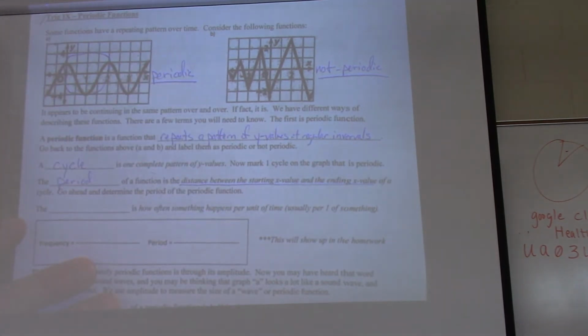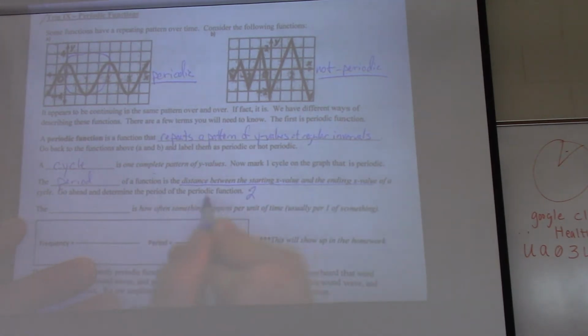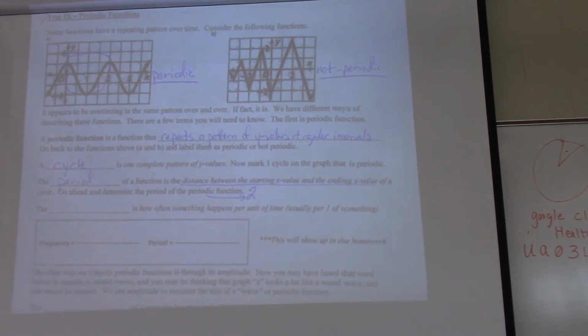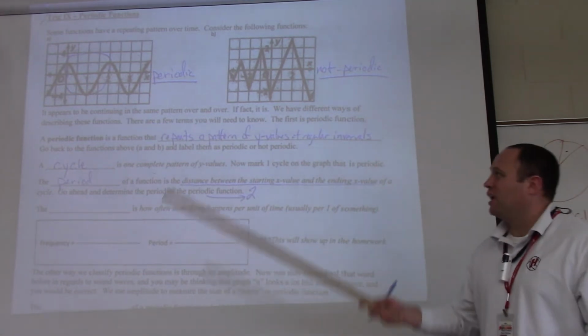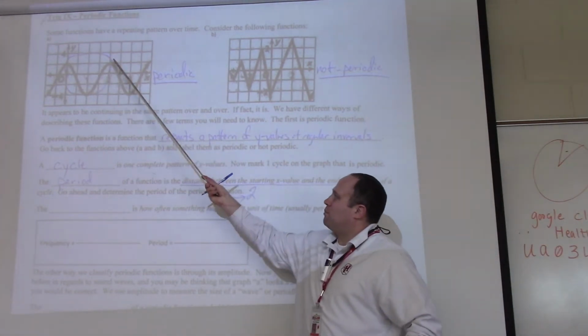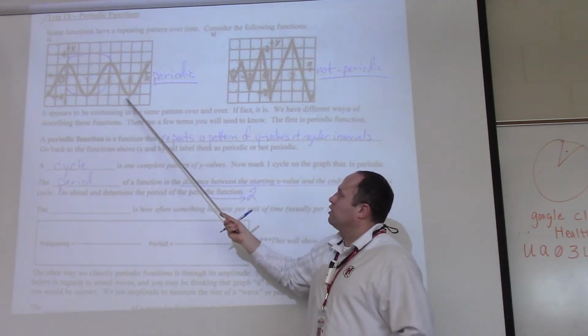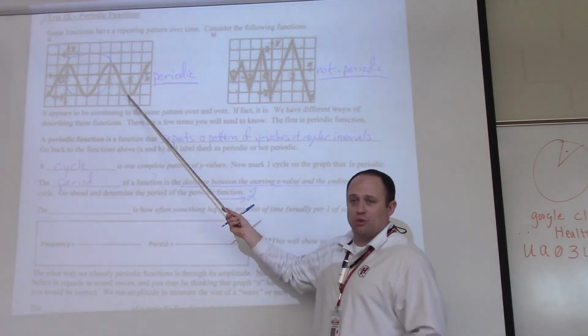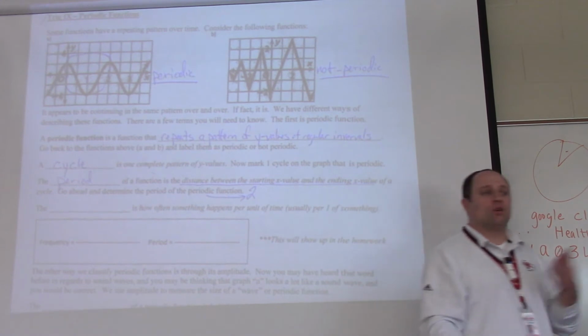So the length between 0 and 2 is? 2. Yeah, that's it. I'm not trying to make it hard. So the periodic function has a period of 2 because that's the length from starting y value to starting y value. And the cool thing is you can do it on any, I just did it from top to top, but look here. This is from 1 to 3. Well, that has a distance of 2 as well. They should have the same period over and over.